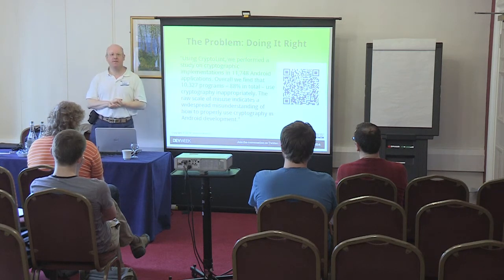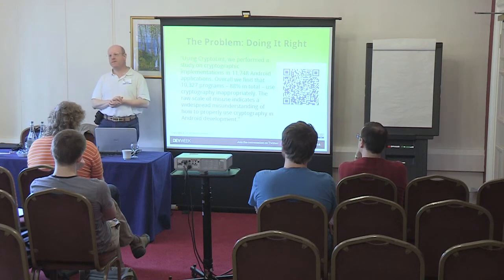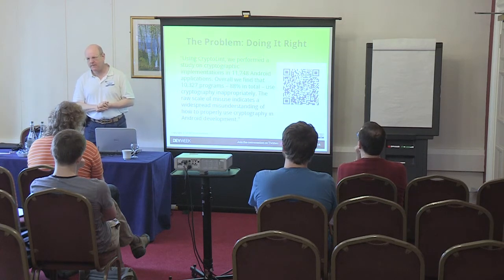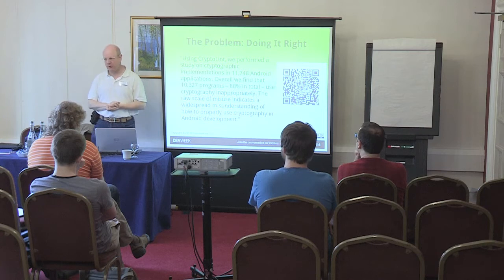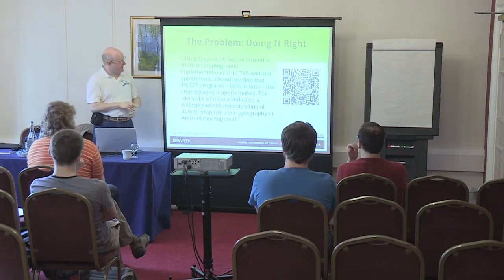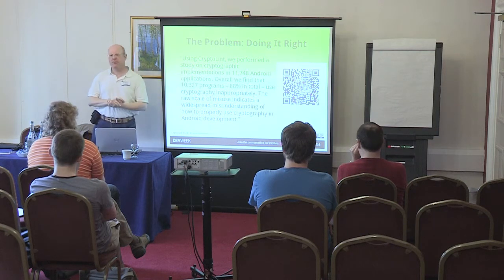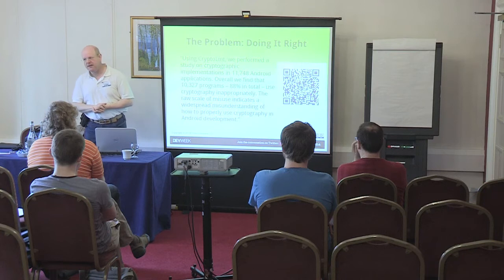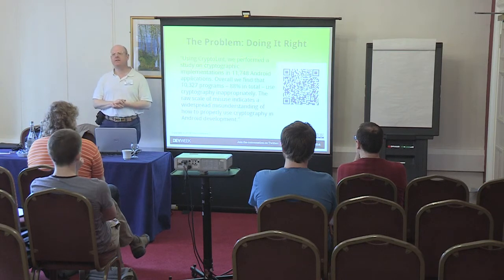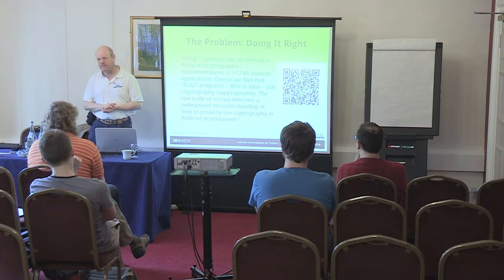CryptoLint is focused specifically on common flaws in cryptography, such as hard-coding the password. They analyzed nearly 12,000 Android applications and found that 88% of them were screwing up in one form or fashion in things that CryptoLint was able to detect.